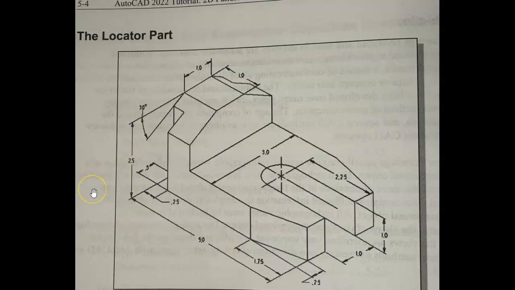Our space in this case will be 1.5, and we'll use an insertion point of 0, 0. Now take those dimensions, stop and pause the video, and try to sketch out what the front view, side view, and top view would look like.